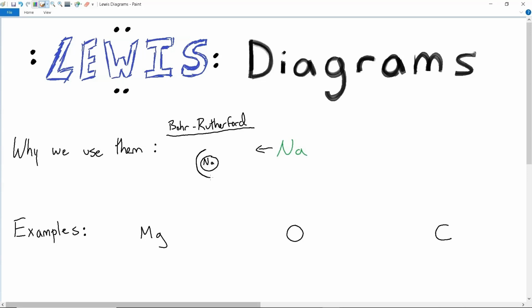So the idea of a Bohr-Rutherford diagram is we are accurately representing all of the electrons associated with an element. So in sodium's case, we have 11. The first orbit has 2.